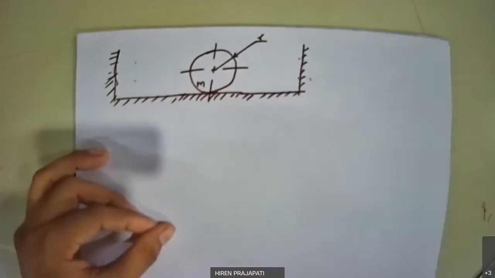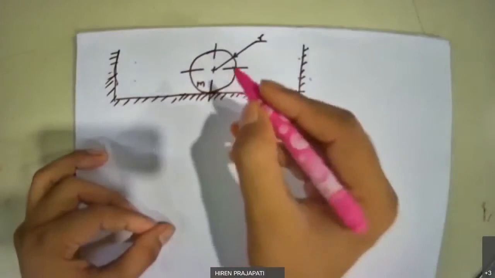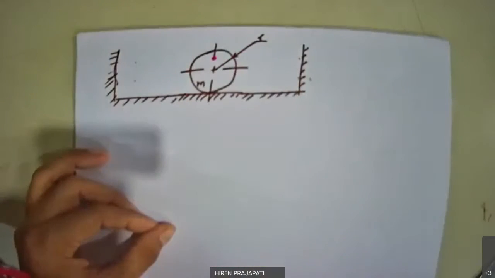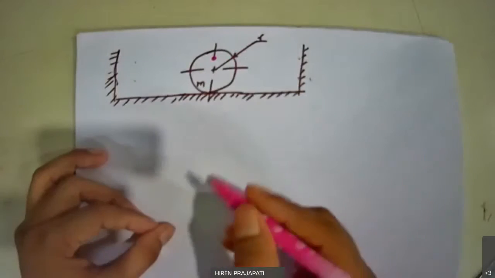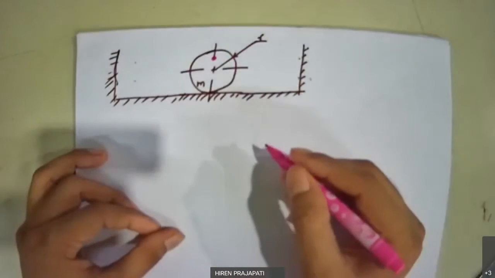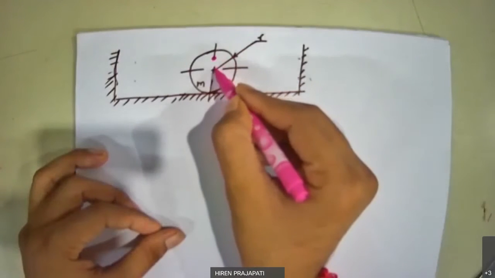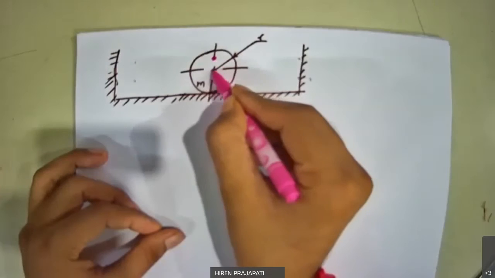Now we consider two springs. One is connected at some distance up. I call this distance b from the center of this disc.